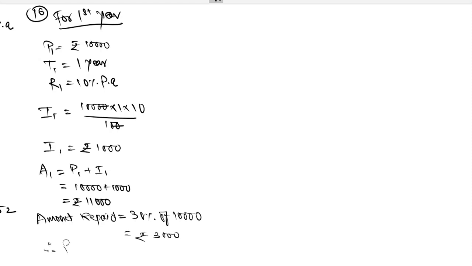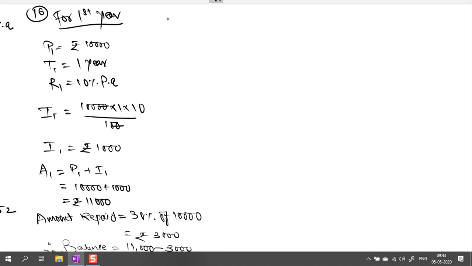Therefore, balance amount at the end of 1 year is equal to 11,000 minus 3,000, that is rupees 8,000. This balance amount will become the principal for the second year.